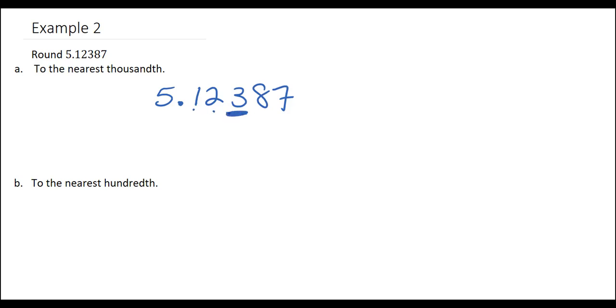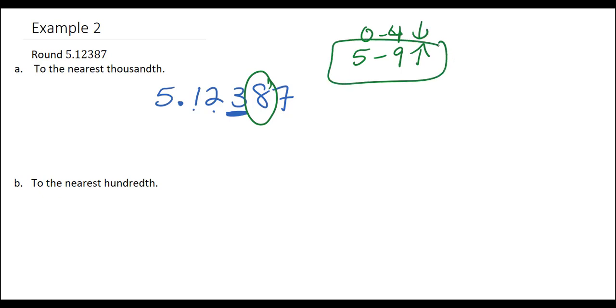So let's underline that 3, because we're looking to see which thousandth this is closest to. To the right of it is the 8, which is between 5 to 9, so we round up. If it's between 0 to 4, we round down, but it's 5 to 9 on this one. So this 3 becomes a 4, and everything after becomes a 0.